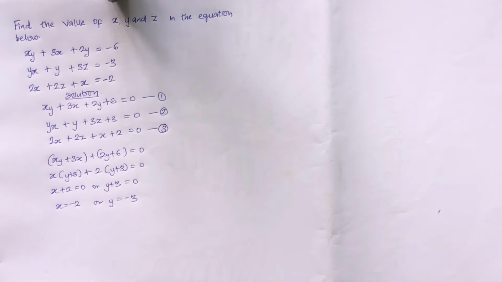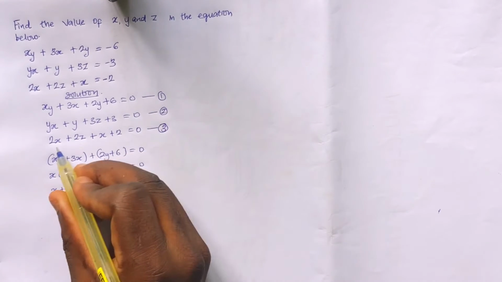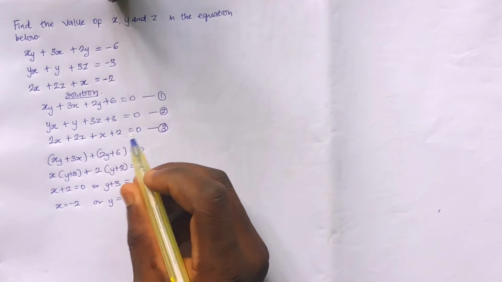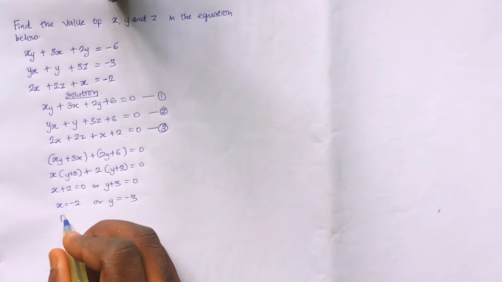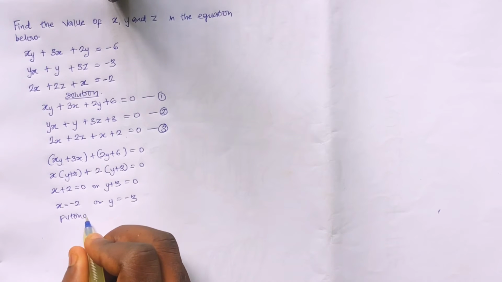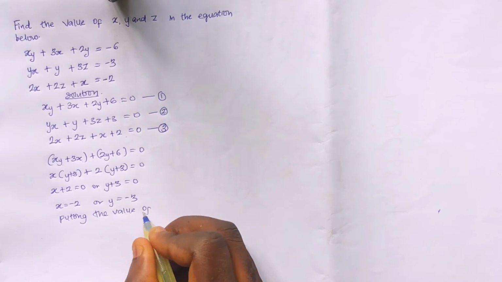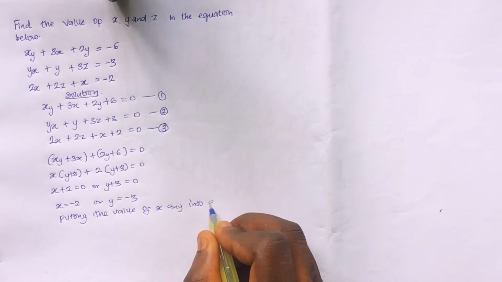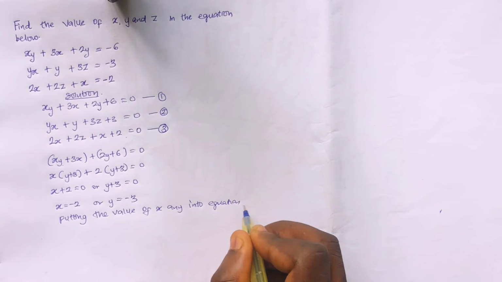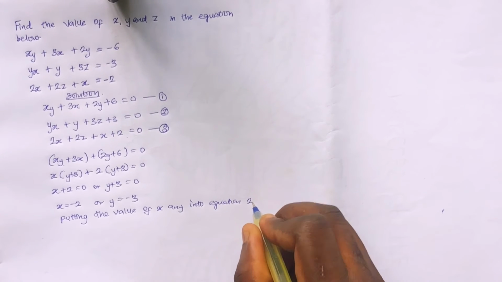Since I've gotten the values of x and also y, the next thing is just to put them into either equation 3 or equation 2. Let me put them into equation 2. Putting the values of x and y into equation 2, let's see what will happen.